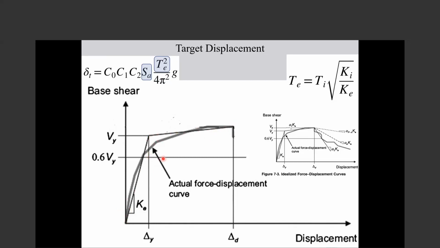One requirement is that the area under these two lines should be equal to the area of the real building. So the energy of the equivalent model and the real model should be the same. Also, this line at the point that it intersects the curve should be 0.6 times this.